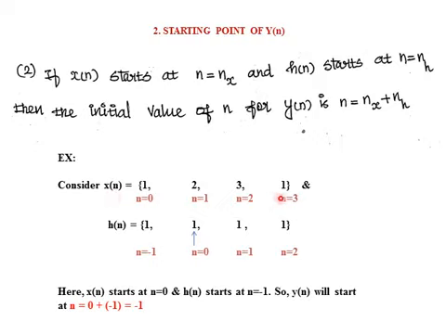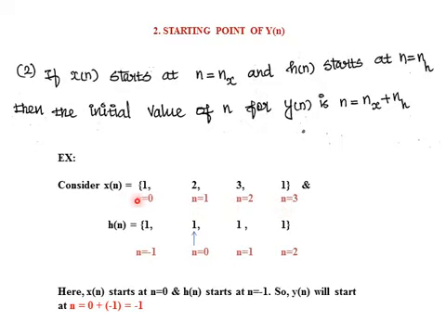Now this way of representing signal samples within curly braces is called sequence representation. And always in sequence representation, the sample with an arrowhead at the bottom represents the origin. In some cases, if the arrowhead is not given, then we consider the first sample at n is equal to 0. So here in x of n, we have 4 samples and the arrowhead is not mentioned here.